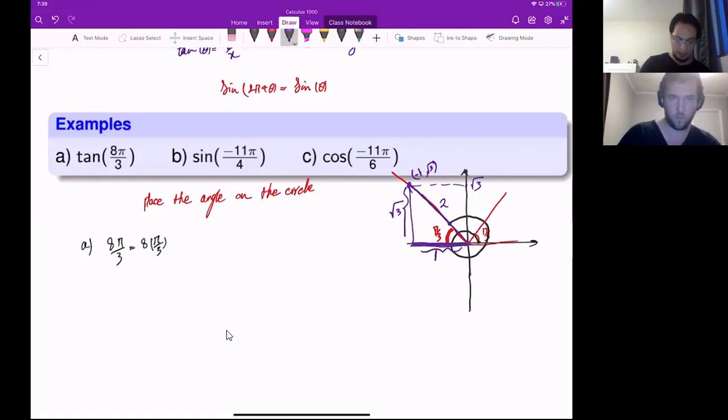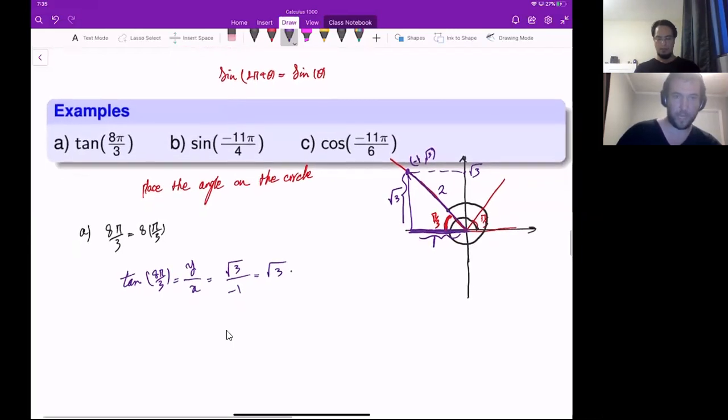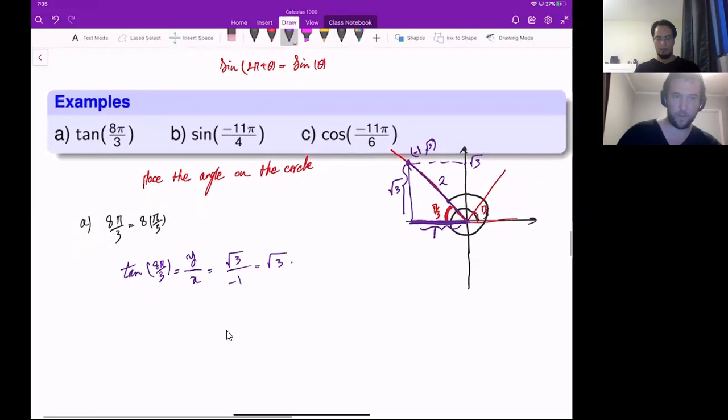Now we are looking for tan of 8 pi over 3. That is going to be y over x. So it is root 3 over negative 1, which is negative root 3. Yes, thank you.